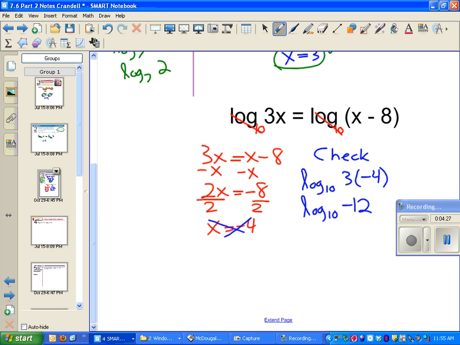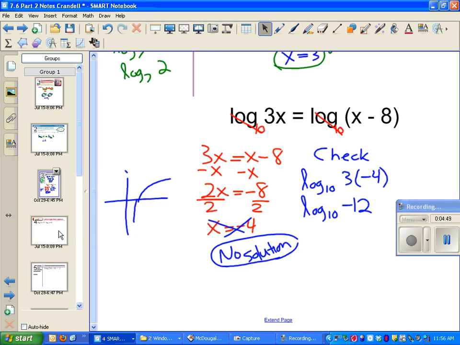So this is not a good solution, and since that's my only one to check, my official answer is no solution. Because if you think of the log graphs, they go like this, something like that, and logs can't be 0 or negative.